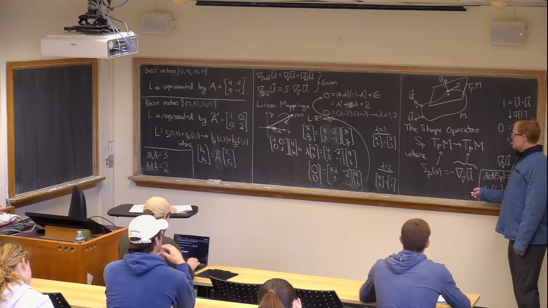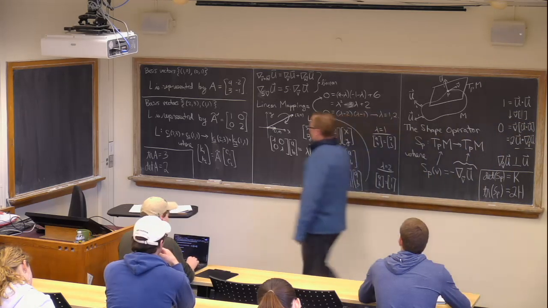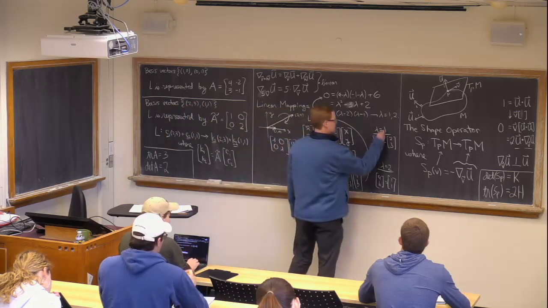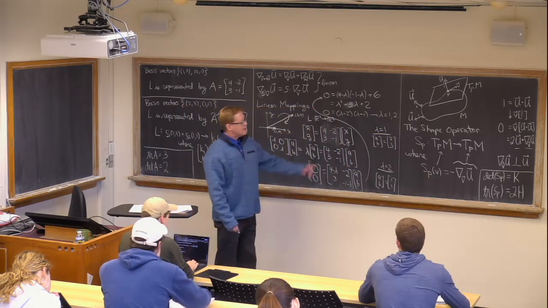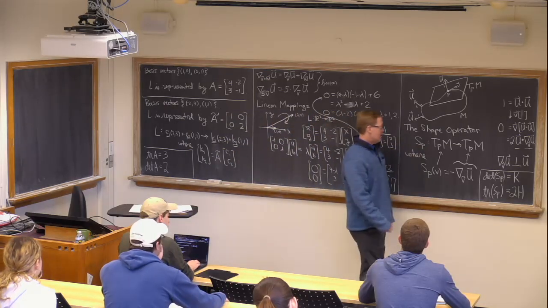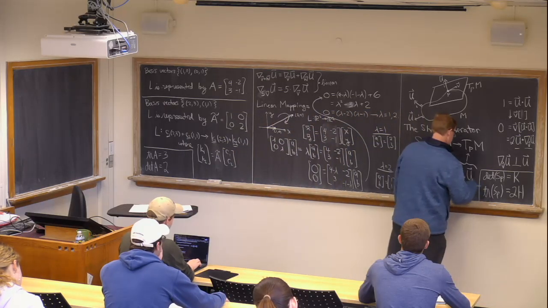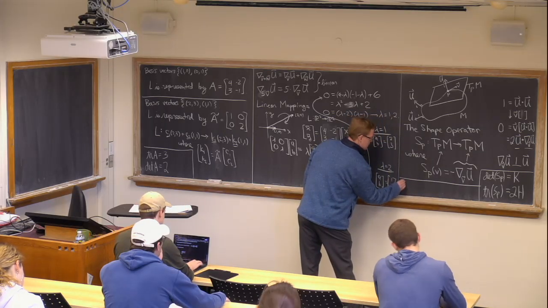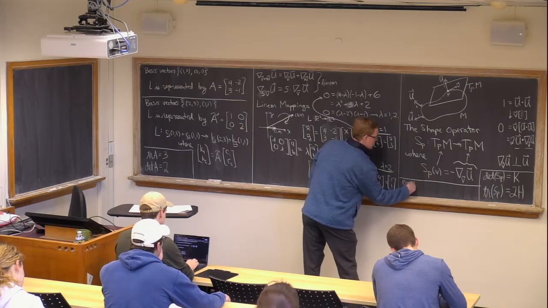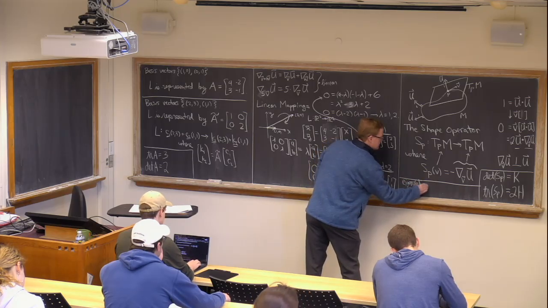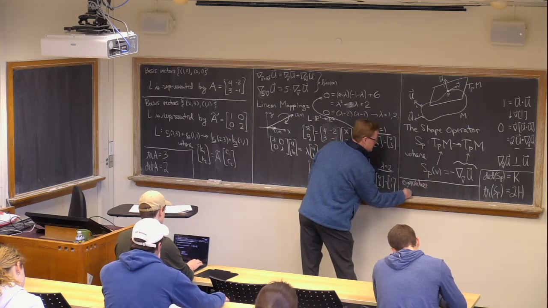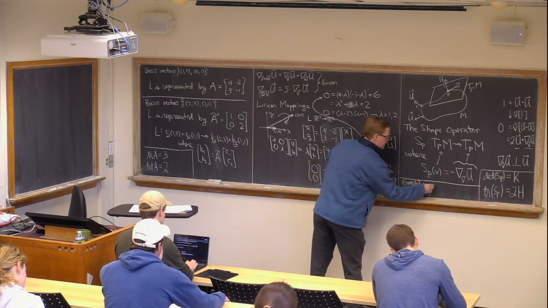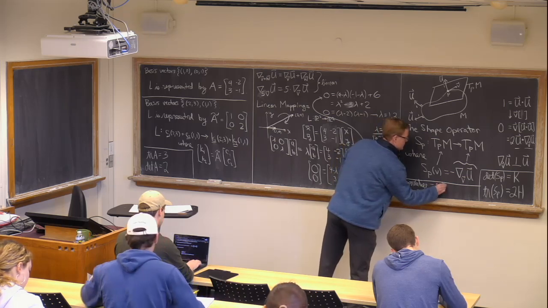But what are the eigenvalues? Let's look at this example here. And by the way, what do these eigenvalues represent? The eigenvalues of the shape operator are called principal curvatures. So we've got eigenvalues and eigenvectors. The eigenvalues are called the principal curvatures.